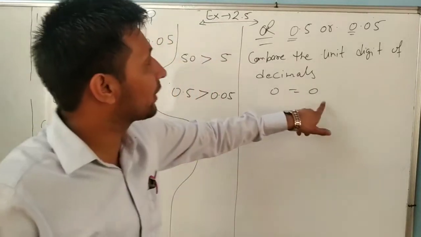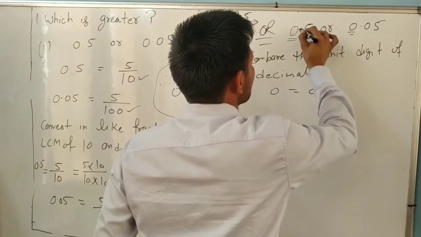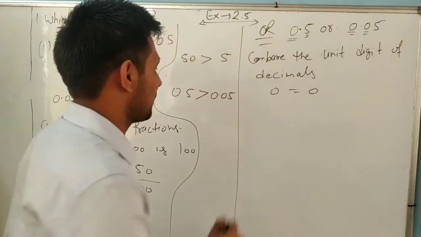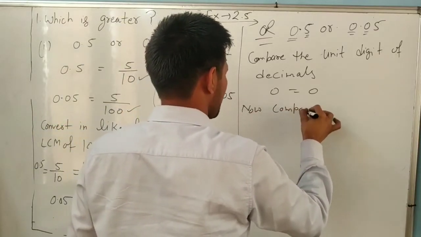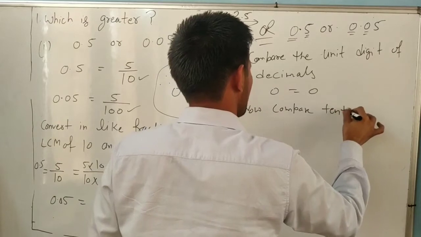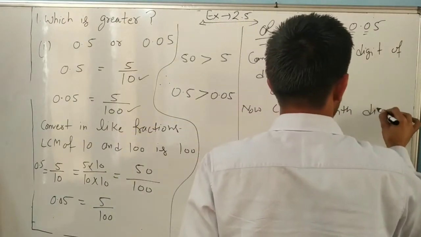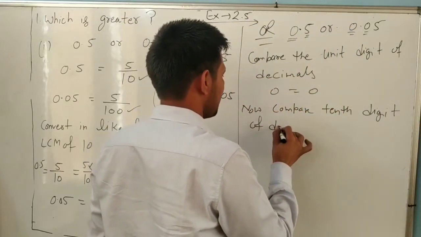If both are equal, now we compare what is after the decimal. It is the 10th place, and it is also the 10th place. Now compare the 10th digit of the decimals.